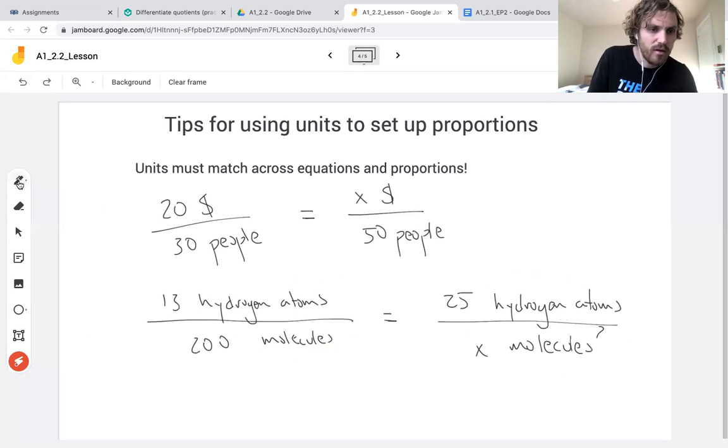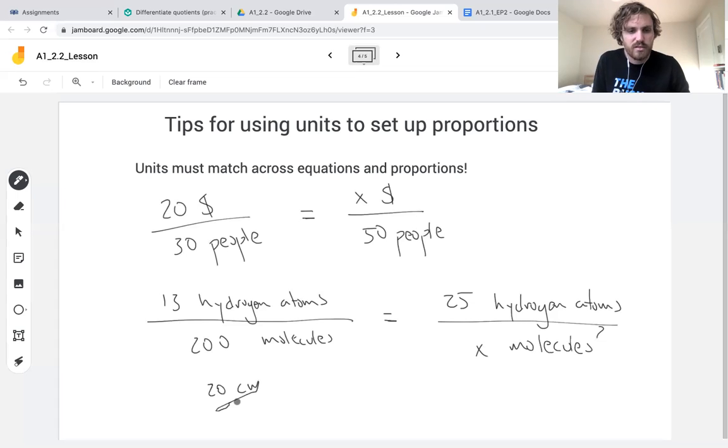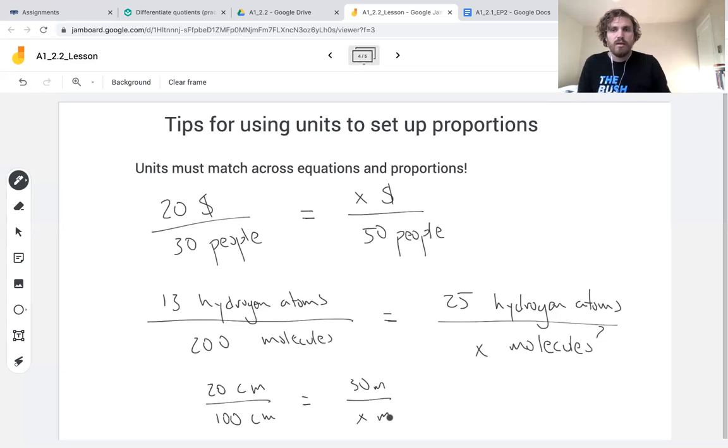Now, there's one case where they don't exactly have to match, and that would be something like this. 20 centimeters divided by 100 centimeters is equal to 30 meters divided by X meters. The reason that this is okay is because centimeters over centimeters is just 1, just like 2 over 2 is 1 and 10 over 10 is 1.